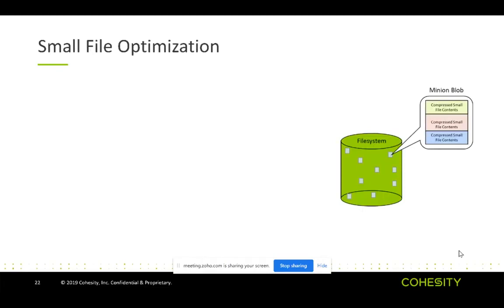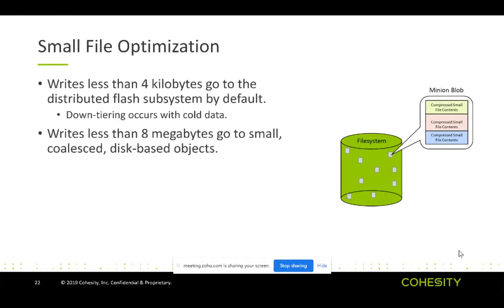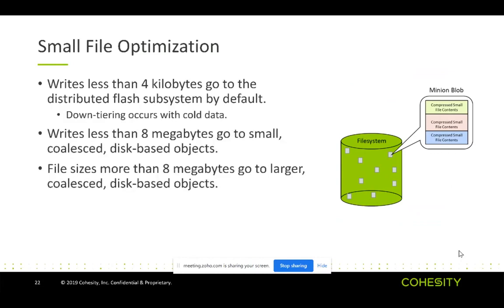I talked before about the small file optimization. By default, whenever a block comes into Cohesity, we check that block size, whether it is more or less than 4K, or more or less than 8 MB. Based on the nature of the block, we write it in a specific place without wasting any storage capacity.